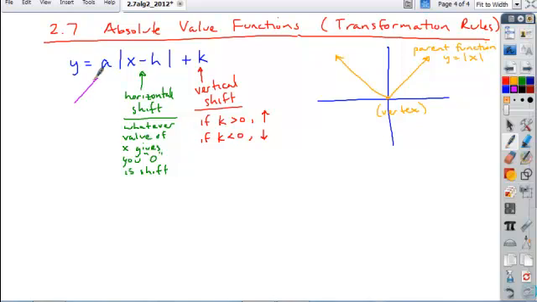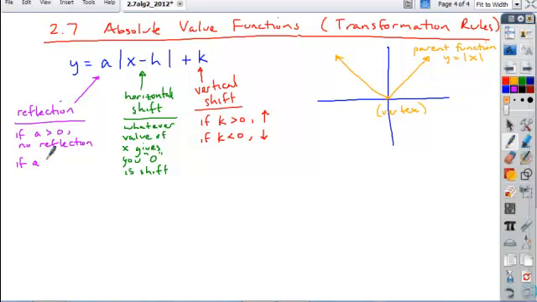And then the final transformation rules that apply to this have to do with the number, the multiplier out front. And there's two different rules for this. The first rule is a rule of reflection. The rule for that is if a is a positive number, then there's no reflection.